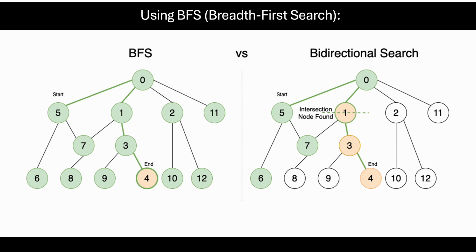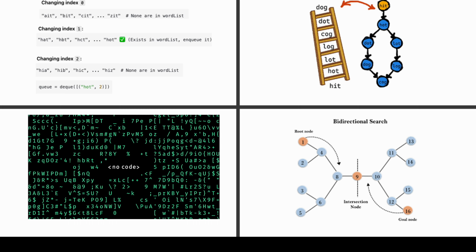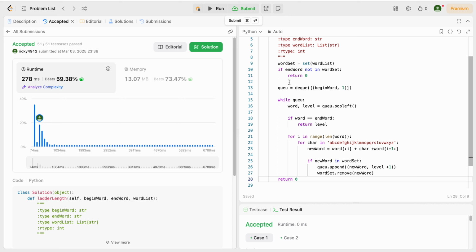All right, now that we understand the concept, let's implement the bidirectional solution. Here, this is going to stay the same. We're still going to initialize, so we're still going to see if it's in the word set, and we'll return 0. And this is where we're going to make a change. Since we're going bidirectional, now we're going to initialize a hash map.